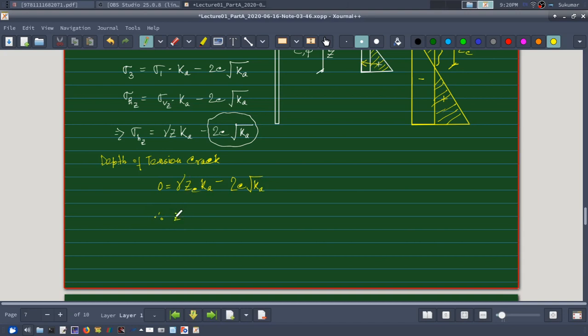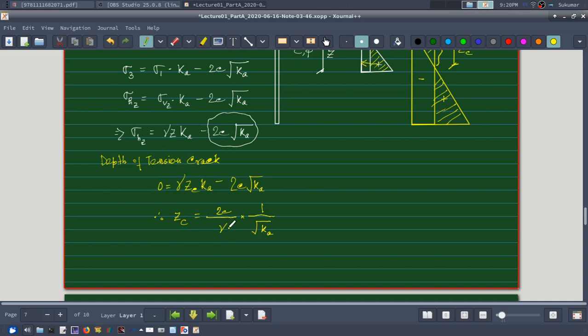So if I take this term towards the left hand side, then I'll get Zc as twice c by gamma into root over Ka divided by Ka, so 1 upon root over Ka.